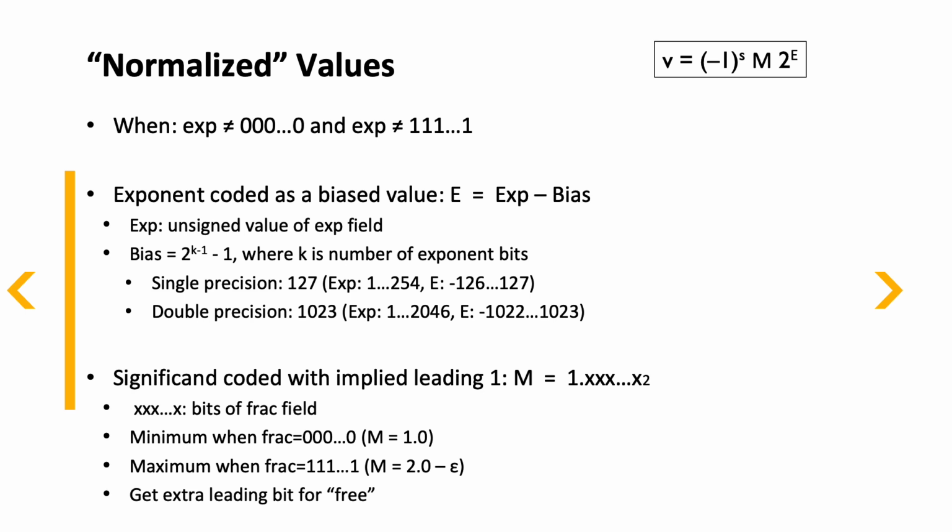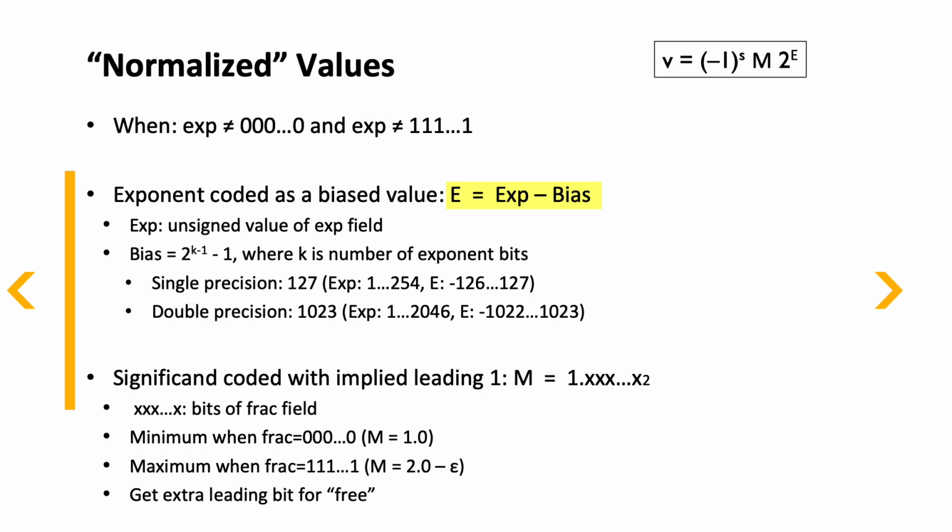So let's dive into some of that stuff that I promised to go through about why these fields don't necessarily just directly reflect the mathematical values we're talking about. So first of all, the exponents. The exponent is coded as a biased value, right? So E, our mathematical E, from that 2^E in the math up there for the value, is going to be equal to capital EXP, which is the unsigned value of the EXP field, minus the bias.